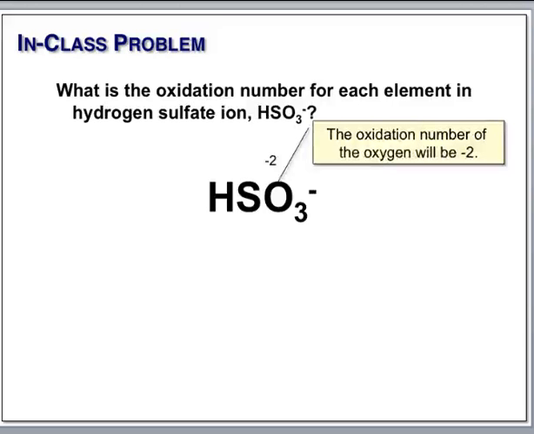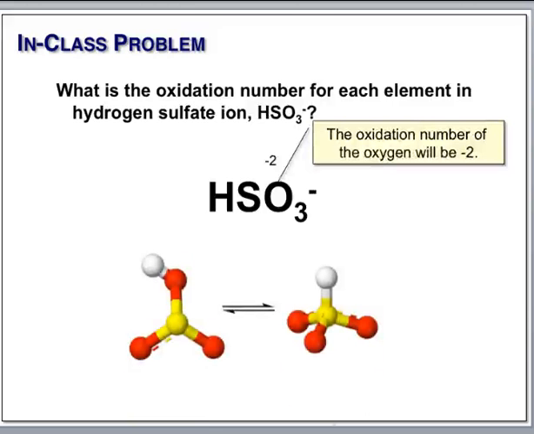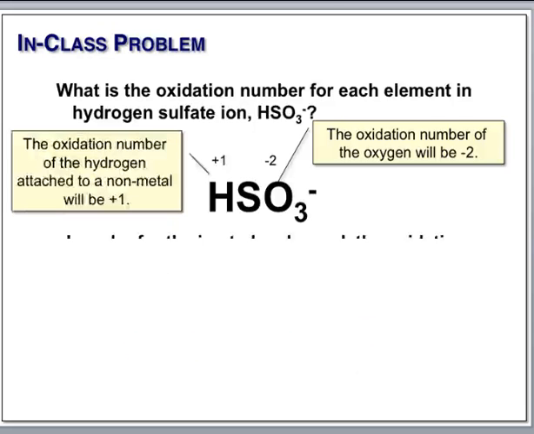Both sulfur and oxygen are nonmetals, so it's got to be bonded somewhere, right? Therefore, it's going to be a +1. Actually, in hydrogen sulfite, the hydrogen can be bonded to either the oxygen or the sulfur. But that doesn't matter because they're both nonmetals. So, hydrogen is going to be +1.